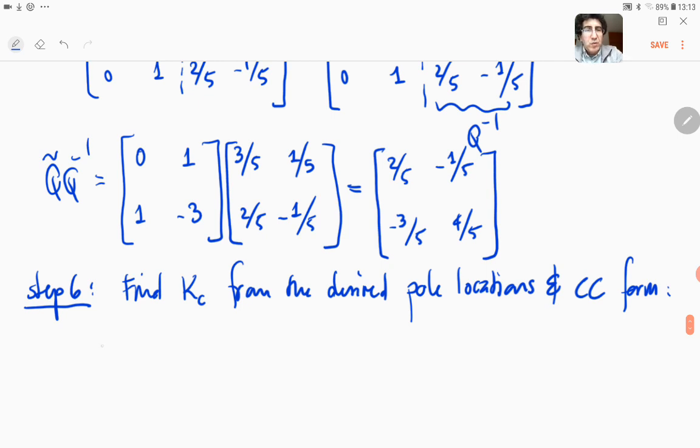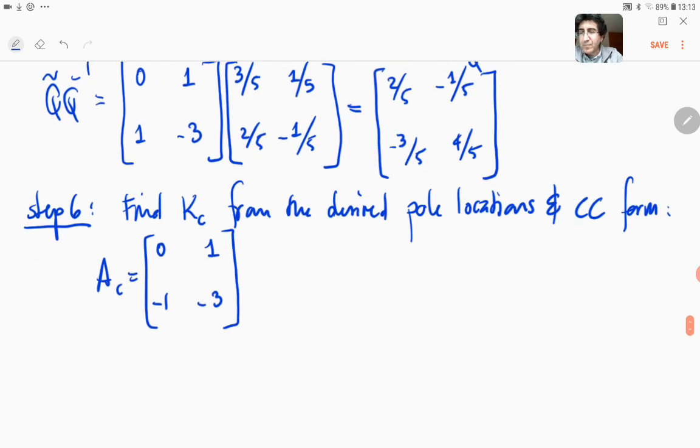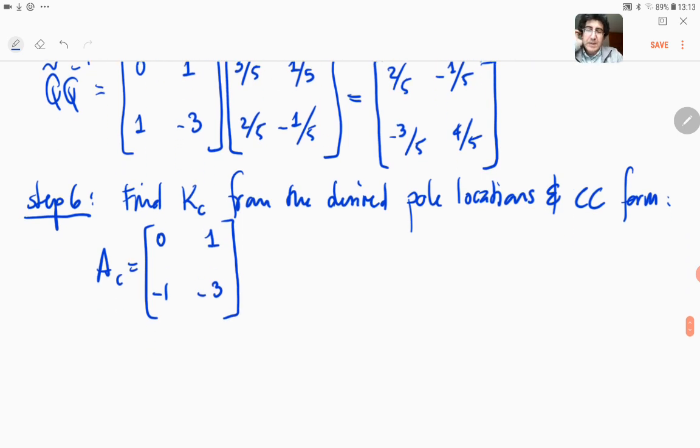Okay, so we have AC in the controllable canonical form, right? 0, 1, minus 1, minus 3. Basically we have minus 1. Remember, this is equal to minus 1 minus Kc1. This is equal to minus 3 minus Kc2 from the canonical form.